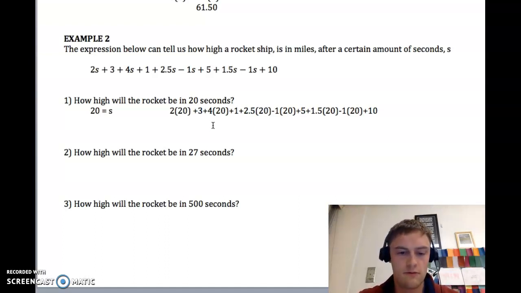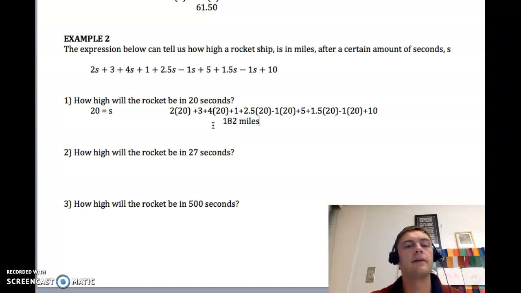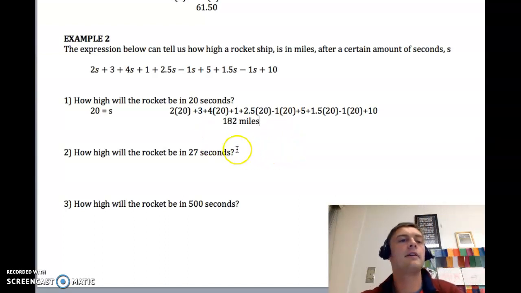Let's see. And you should get 182 miles.